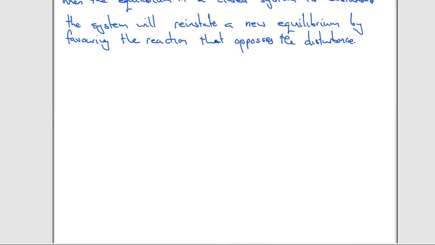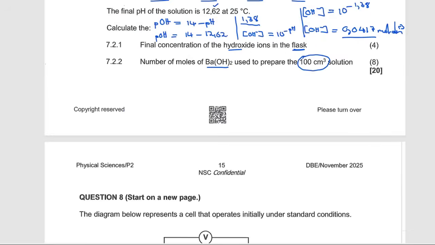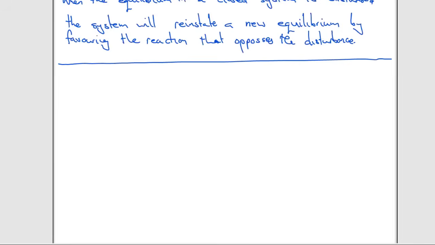So we're looking at the 100 cubic centimeters. I'm going to start with the formula for concentration. Concentration of HCl is equivalent to number of moles over the volume.